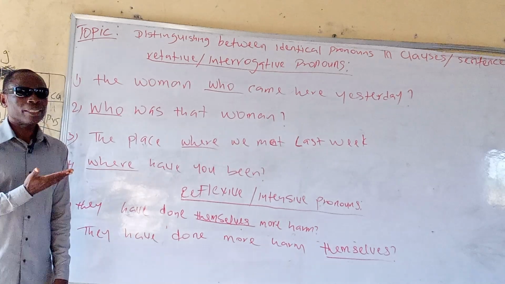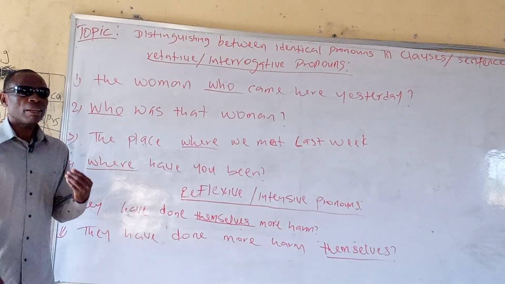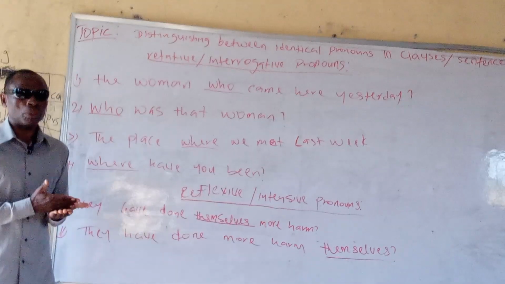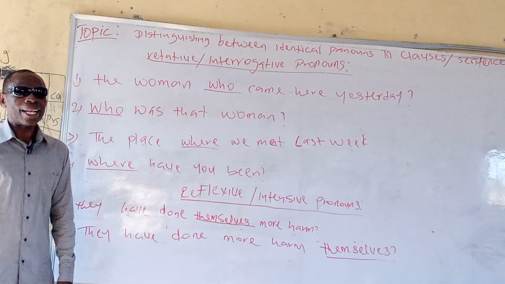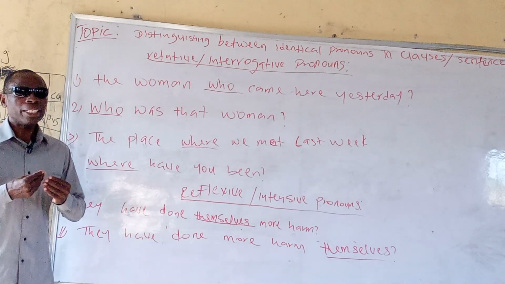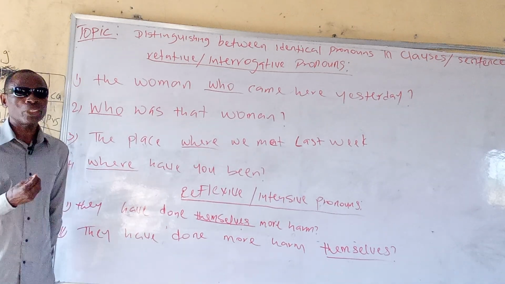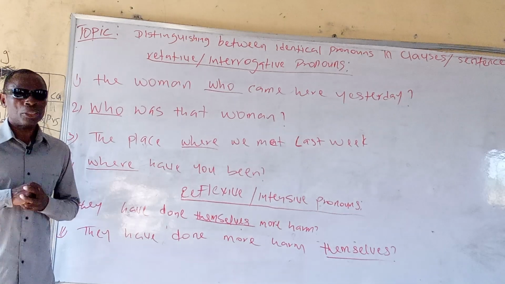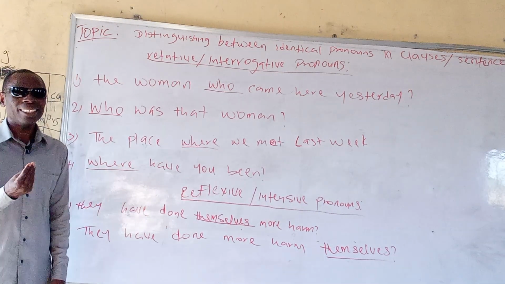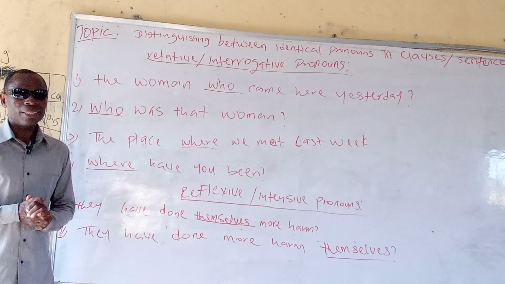Again, is where here referring to any place previously mentioned, known to the speaker and the listener? No. Is it introducing the second segment of a clause? No. Is it asking a question?